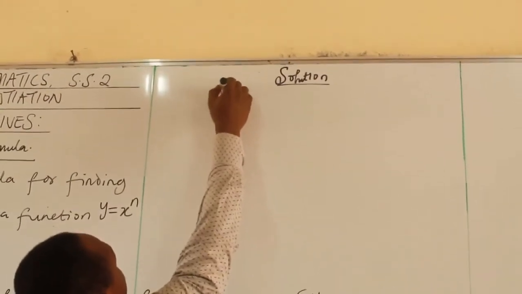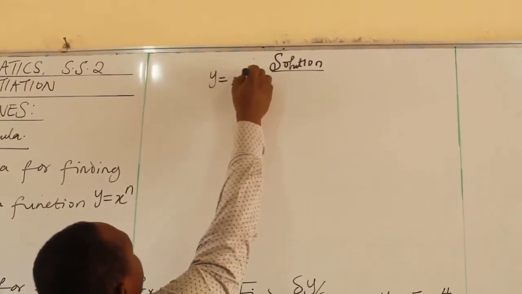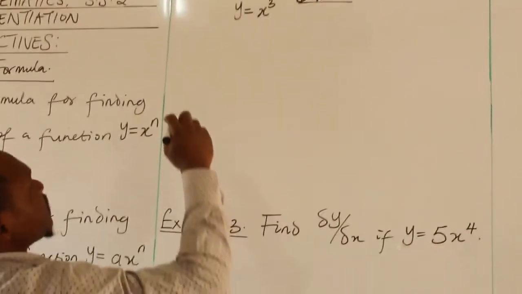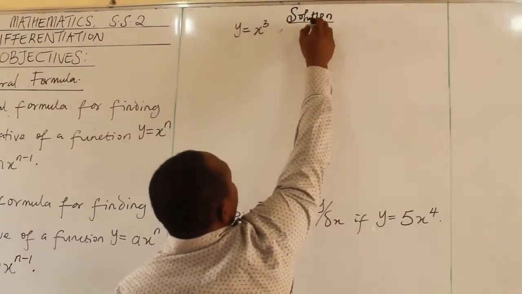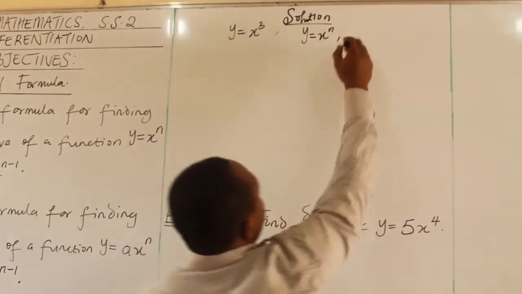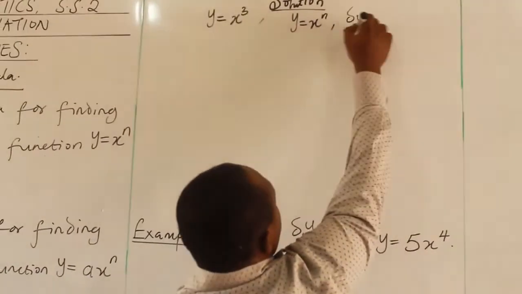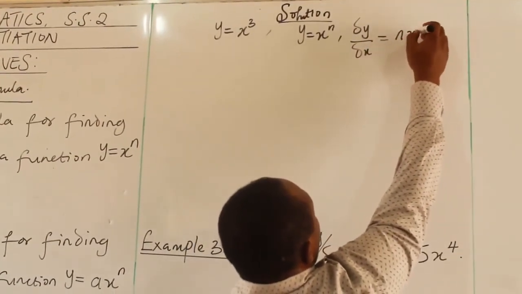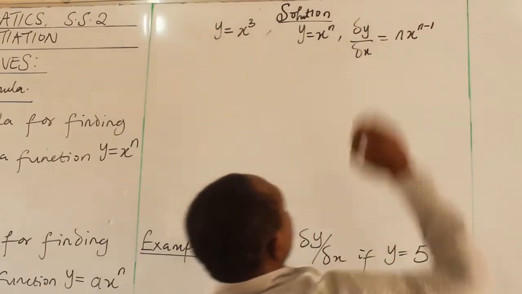We have y is equal to x raised to power 3, and we said according to the general formula, if we have y is equal to x raised to power n, the general formula tells us that dy over dx is equal to n multiplied by x raised to power n minus 1.